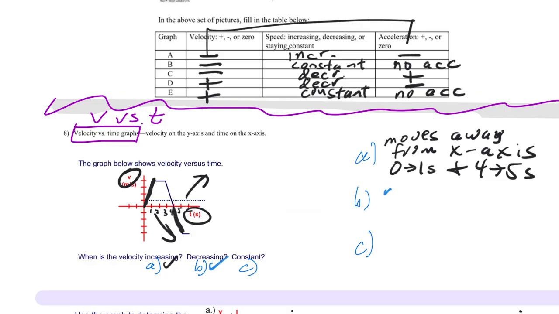Okay, so the speed decreases when the graph line, not the object moving, when the graph line moves toward the x-axis. So we can see that right here. That's about it. So it moves towards.